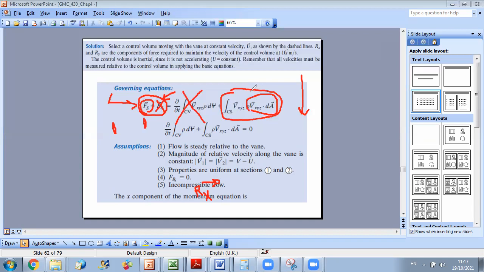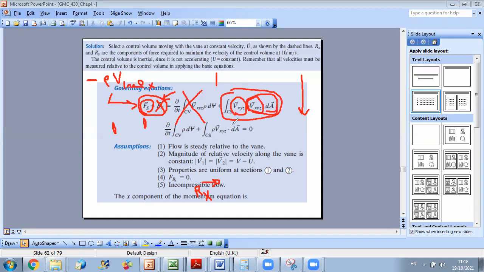You should consider first the inlet, where we put a minus because it's a flux getting in. Minus rho times, first, this is V relative along x, so minus V1 relative along x, times, again, V relative another time, times the area.